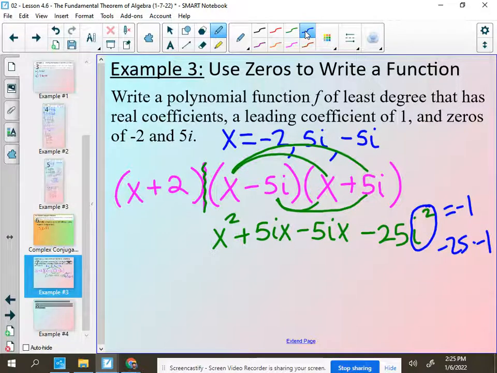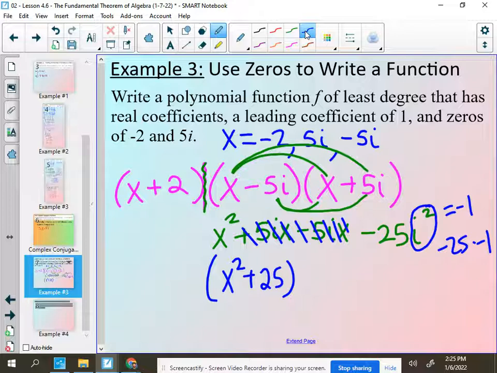So when it's all said and done, when I FOIL x minus 5i times x plus 5i, I'm going to get dropout in the middle because they're opposite signs. I get x squared, and negative 25 times -1, which is positive 25. It's actually kind of cool, it simplifies down to just that. That's really nice.